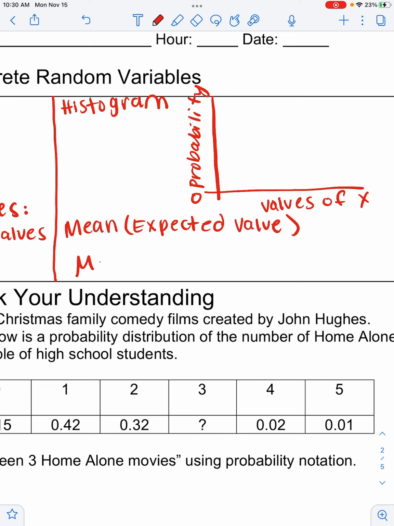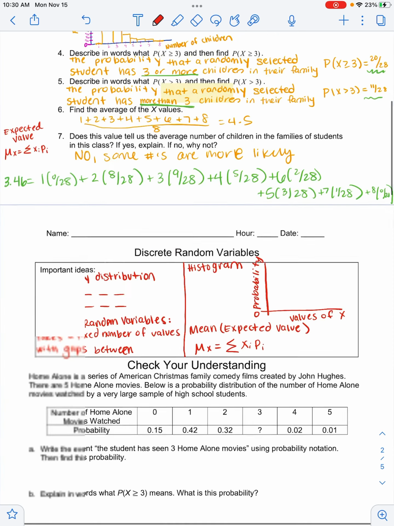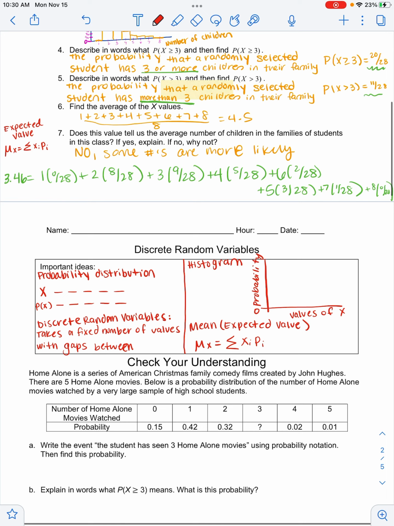In this formula, the mean equals the summation of xi pi. And that really just means, this is x1 p1, x2 p2. It just means that you're taking each x value and multiplying it by its probability, and then adding up all of those different values you find by multiplying.